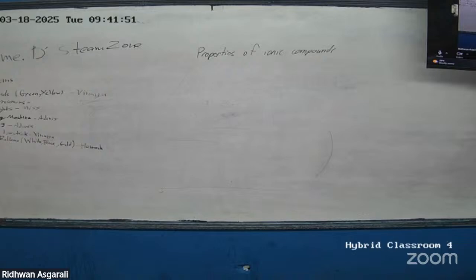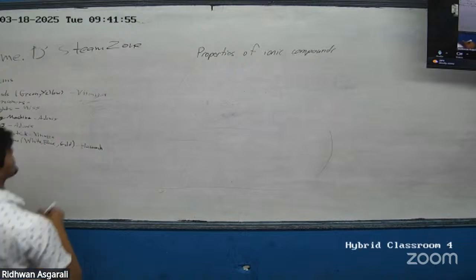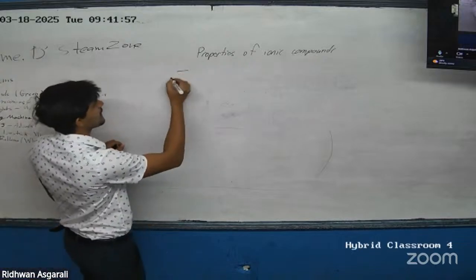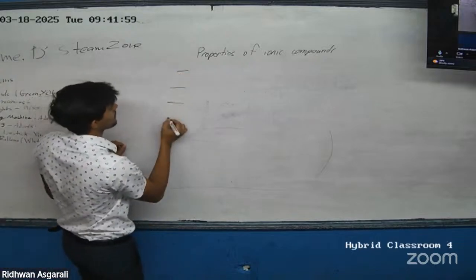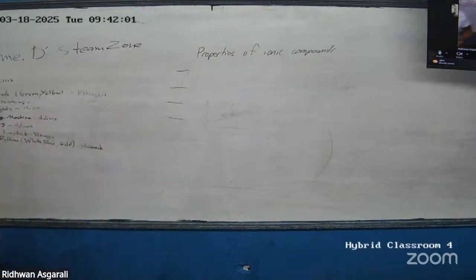Take down here the properties of ionic compounds. Ionic compounds have certain properties because of their bond, and we have to know these properties.